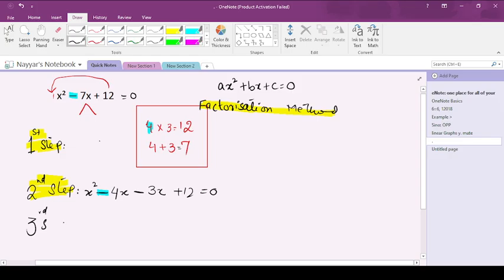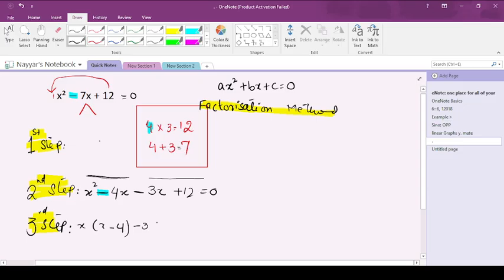Now what can you take common from the first two terms? Can you tell me? X. So x minus 4 is left. And what can you take common from the last two terms? Negative 3.